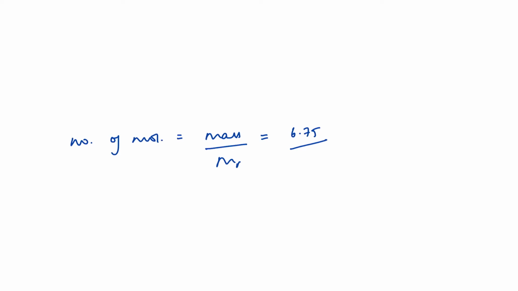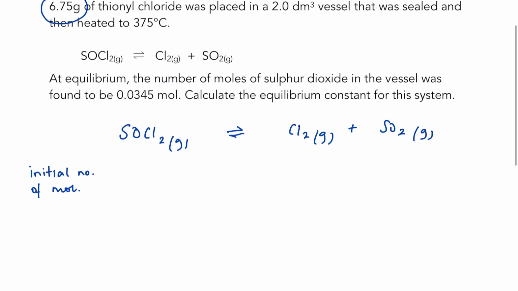The molar mass for thionyl chloride is 135 grams per mole, and that comes out at 0.05 mole. So my initial number of moles is 0.05. And when it's first placed into the tube, the forward reaction hasn't even started, so I know initially I will have no moles of chlorine and no moles of sulfur dioxide.